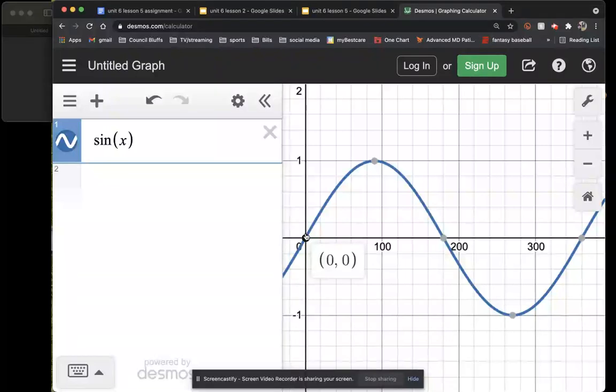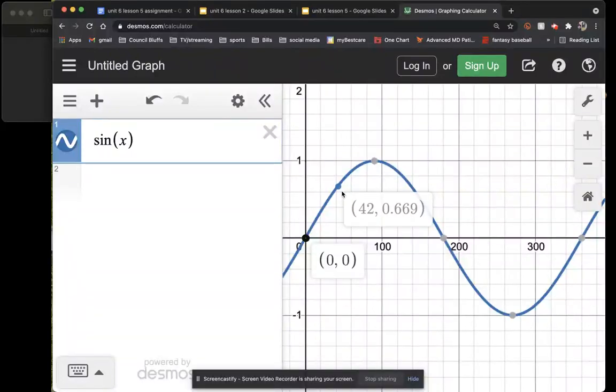And I'm just going to, if I press down on my mouse, I can look for where it's equal to 2/3. Now, 2/3, remember, is 0.66 repeating. So it's going to be, all right, 0.65 at 41 degrees, 0.669 at 42 degrees.